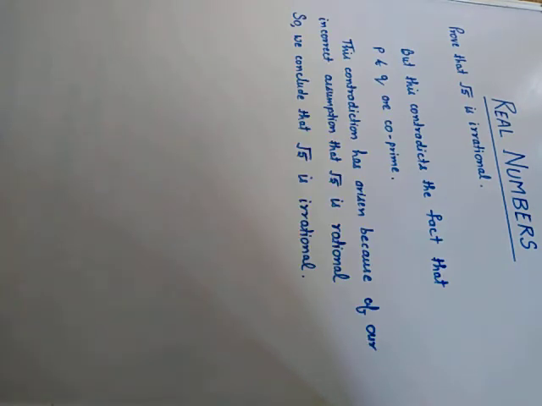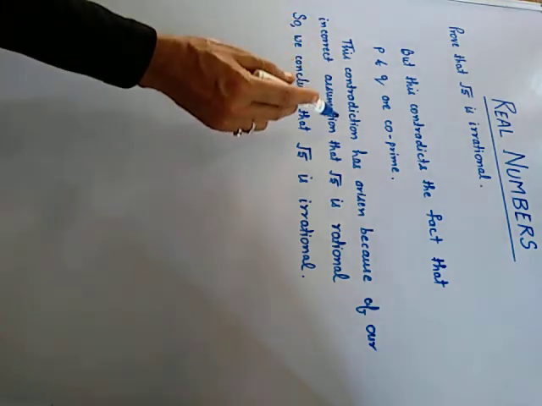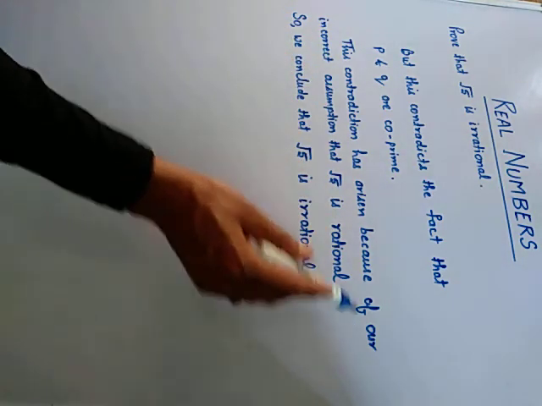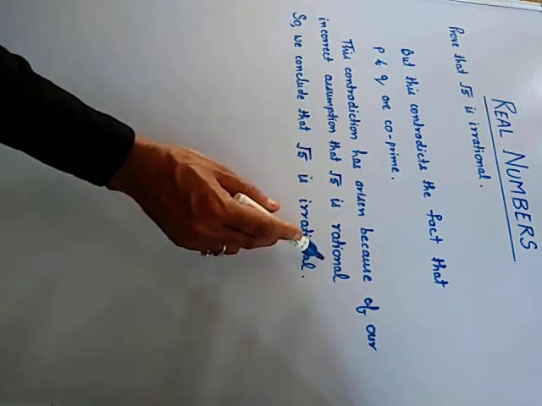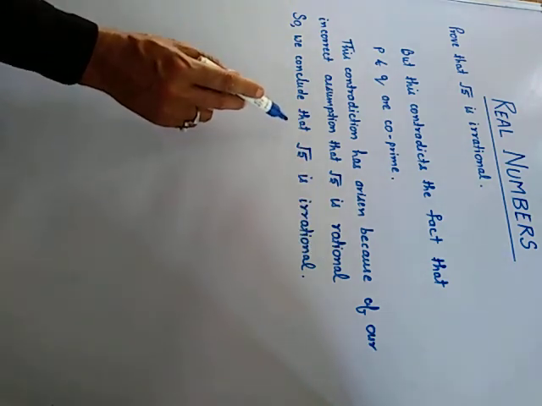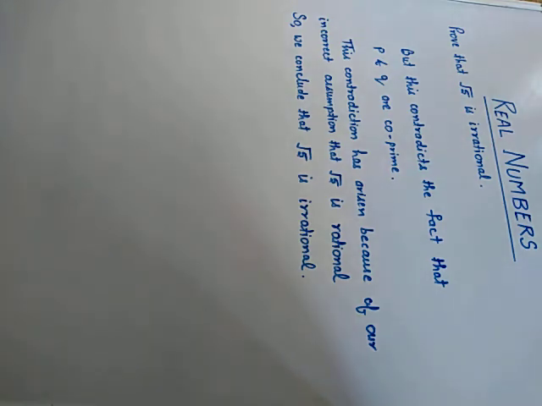But this contradicts the fact that p and q are co-prime. This contradiction has arisen because of our incorrect assumption that root 5 is rational. So we conclude that root 5 is irrational.